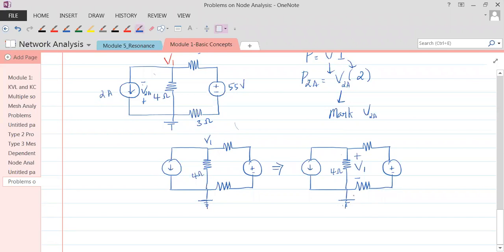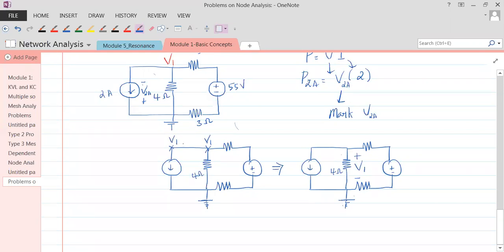Okay, so whatever voltage falls across this, the same voltage should come across this current source also. Everybody agree with that? What I mean is this. See here, if this point is V1, then this point is also V1.